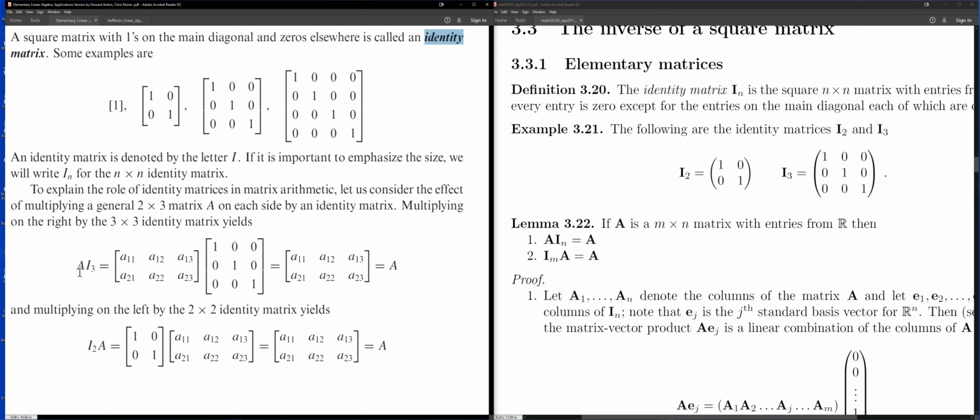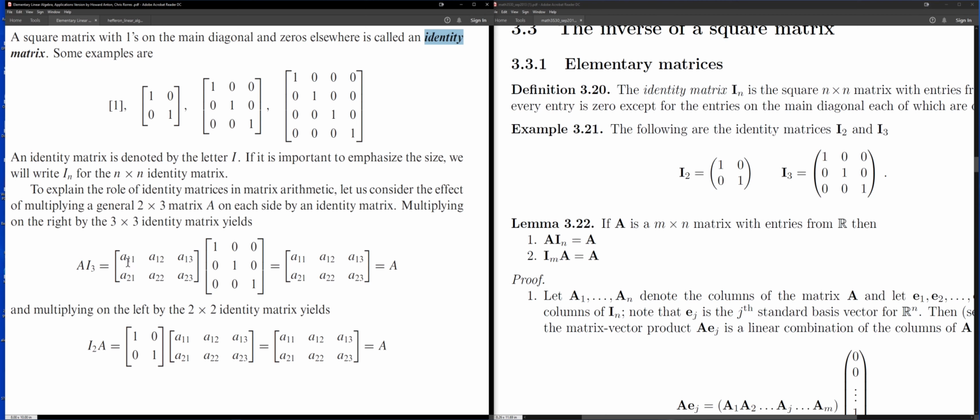So if I'm multiplying A by an identity matrix on the right hand side, the number of rows of the identity matrix, remember this is a square matrix, has to be equal to the number of columns of A, right? And A is a 2 by 3 matrix, so A has 3 columns, which means that this would need to be a 3 by 3 matrix, right?